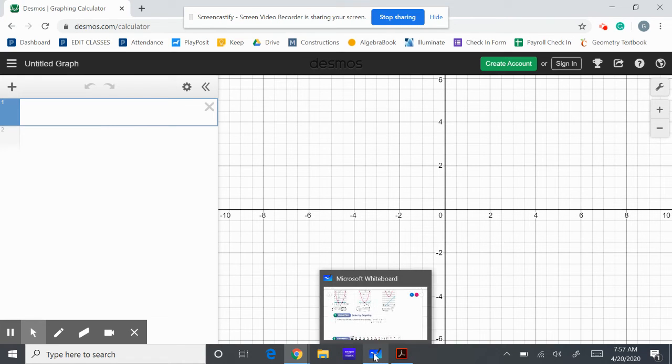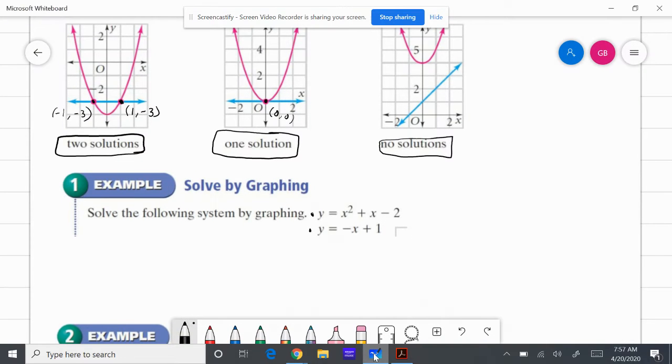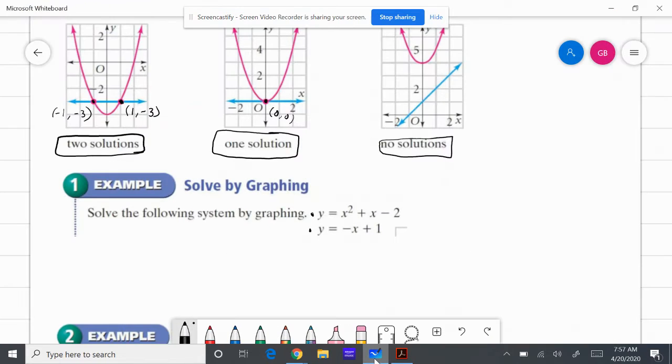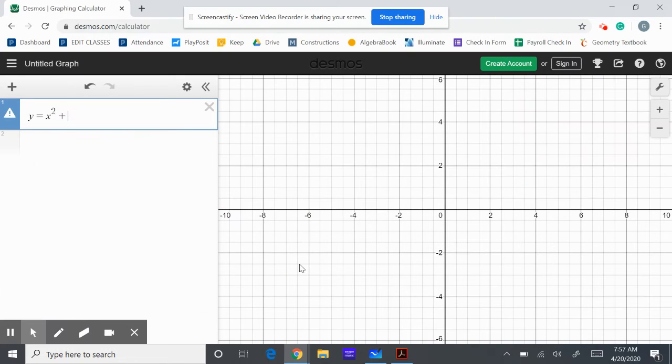So the first equation, let's go back, is y equals x squared plus x minus 2. So y equals x squared plus x minus 2. So you type it in and boom, it grabs it for you.